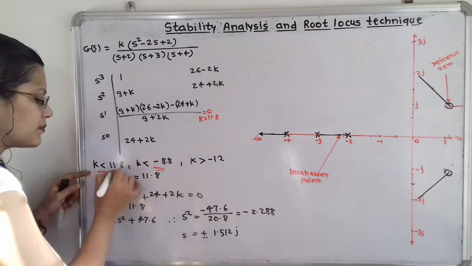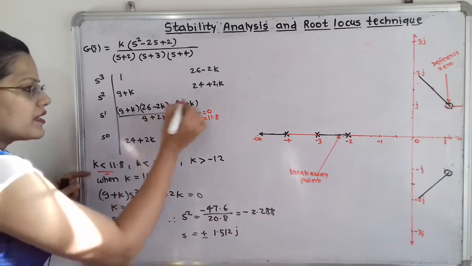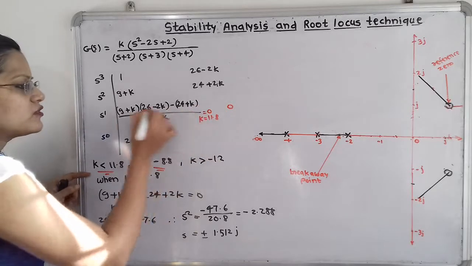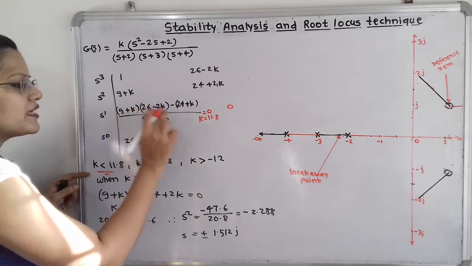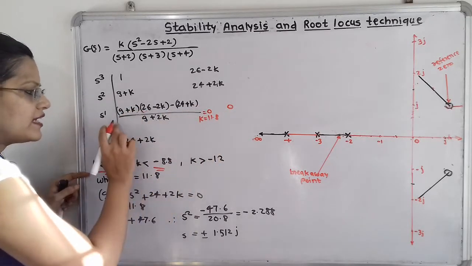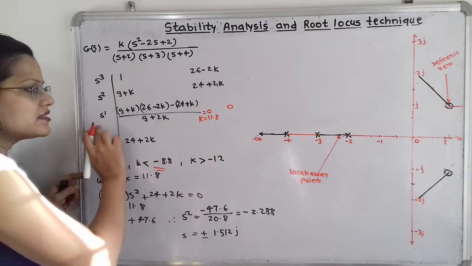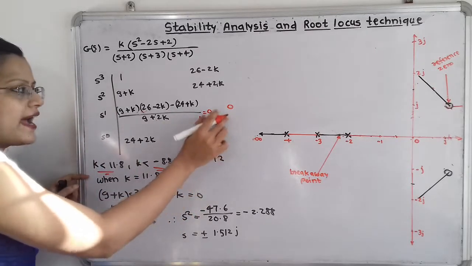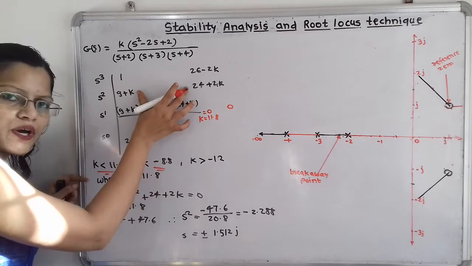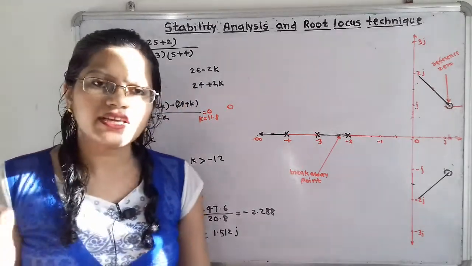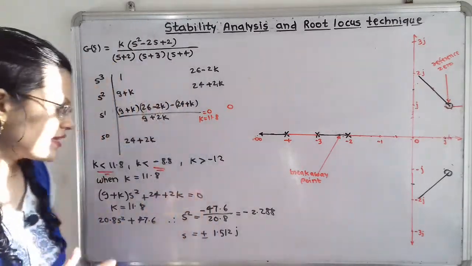There are two numbers. So here the second element in this row is 0. That means when we take k equal to 11.8, all the elements in this third row will become 0, and we can select the upper row and form the auxiliary equation. So what is the auxiliary equation?